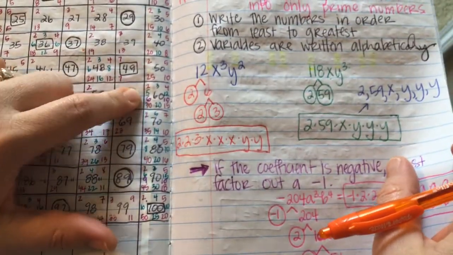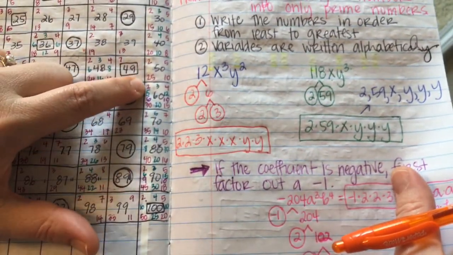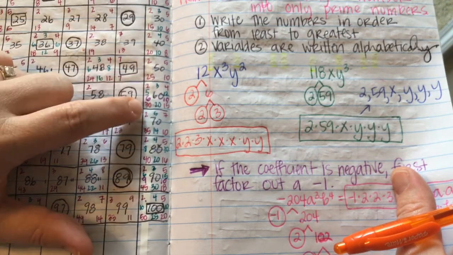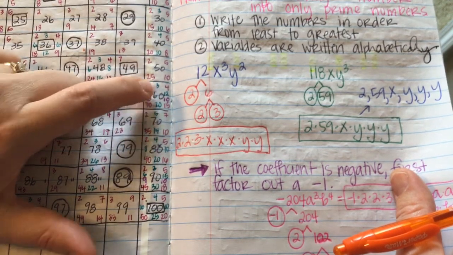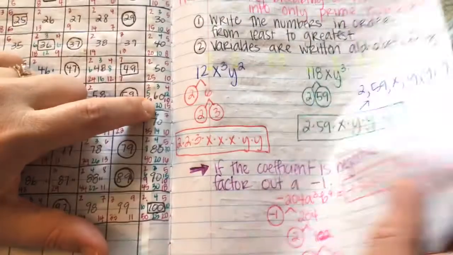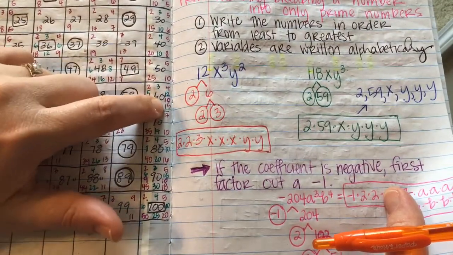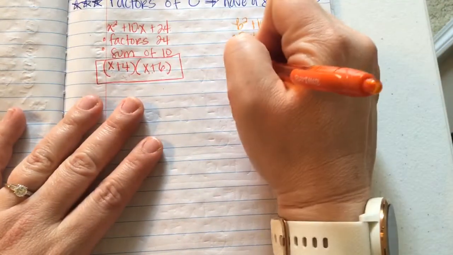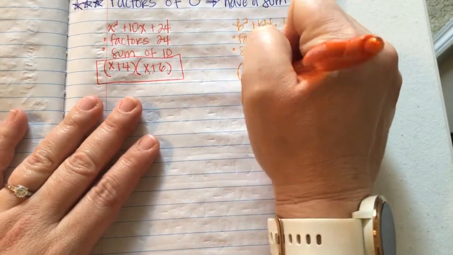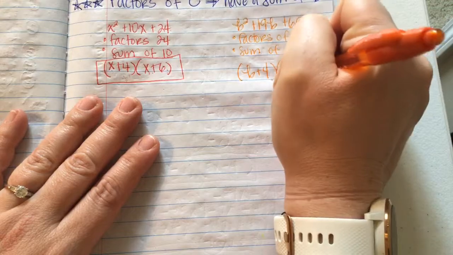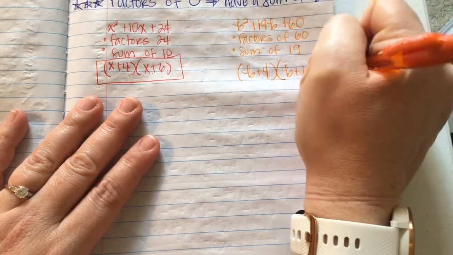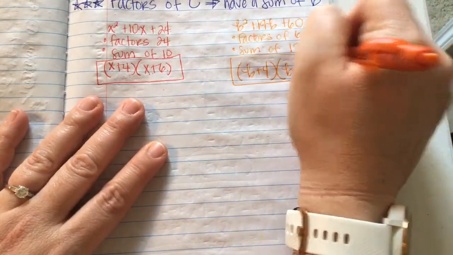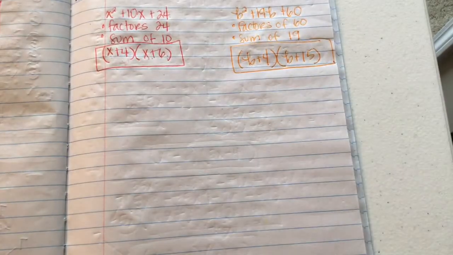There's a lot in here. 2 and 30, no. 3 and 20, no. What am I looking for? 19. 4 and 15, 4 and 15 make 19. So b plus 4 and b plus 15. And I factored it.